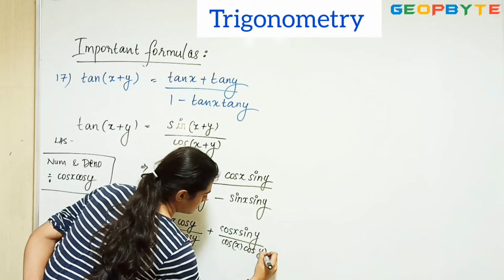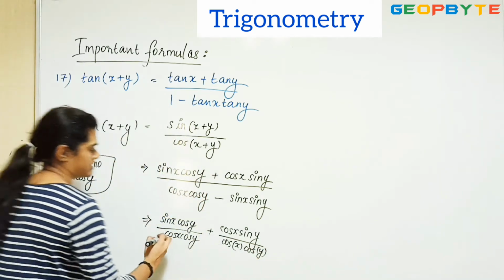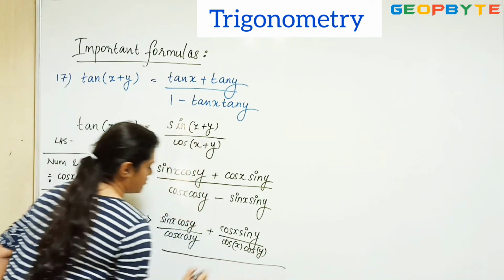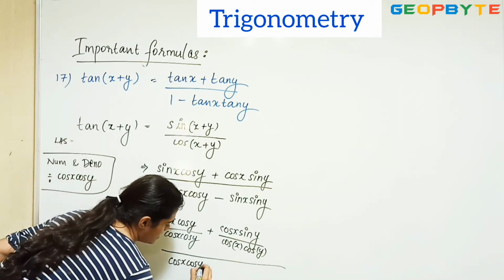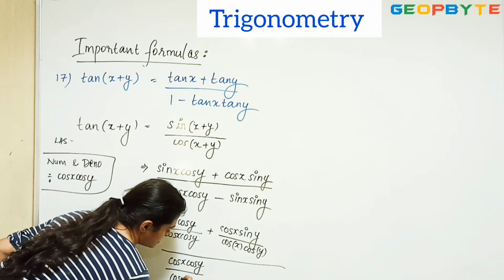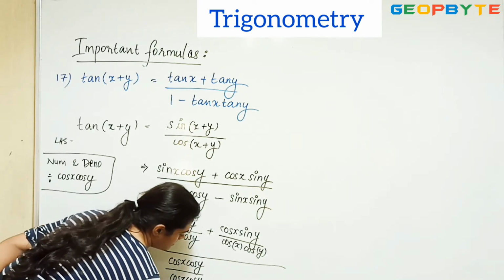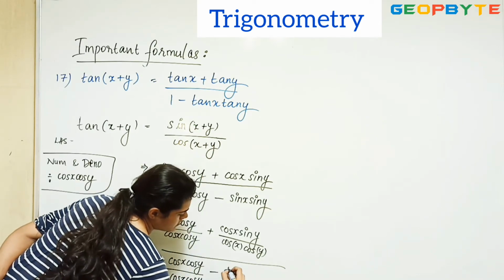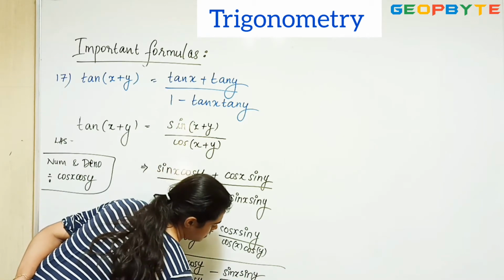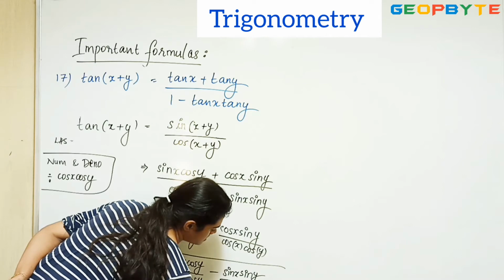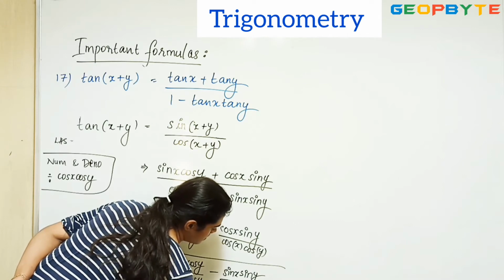Actually, you should put brackets, otherwise you will find it difficult to differentiate the angles and the alphabets you are writing. Then in the denominator, cos x cos y divided by cos x cos y, minus sin x sin y divided by cos x cos y.